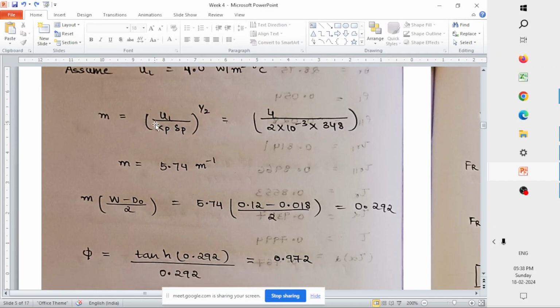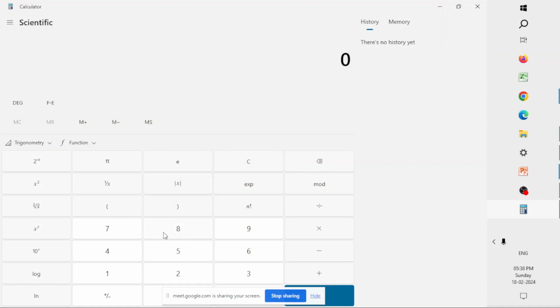Here we calculate the value of m: 4 divided by 2 into 10 power minus 3 into 348, which will be around 5.74. Let's just calculate that once. So 4 divided by 348 into 0.002.